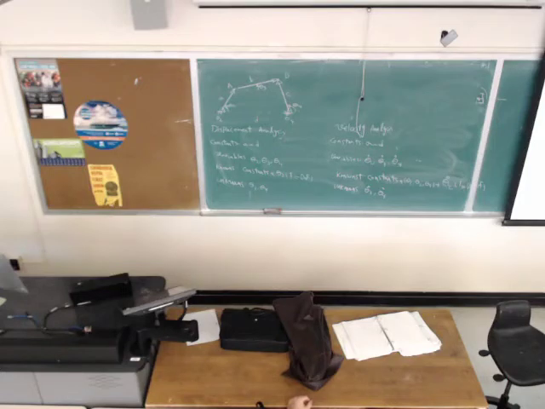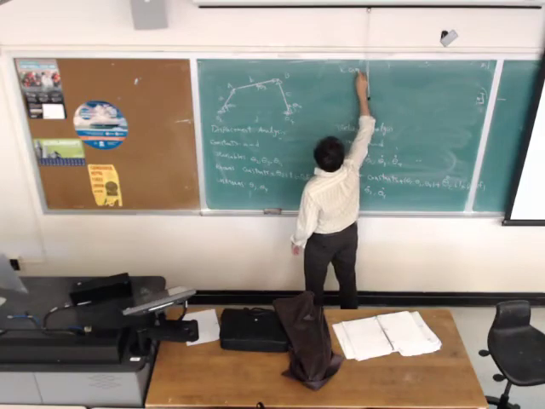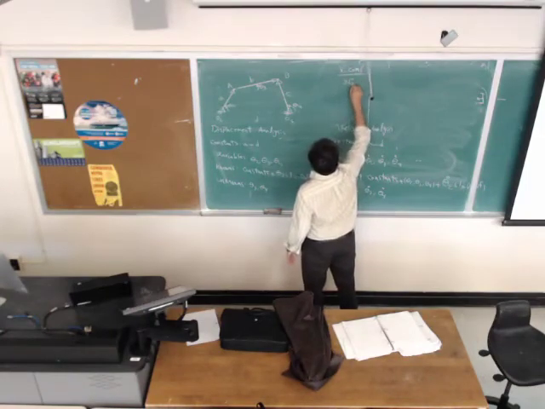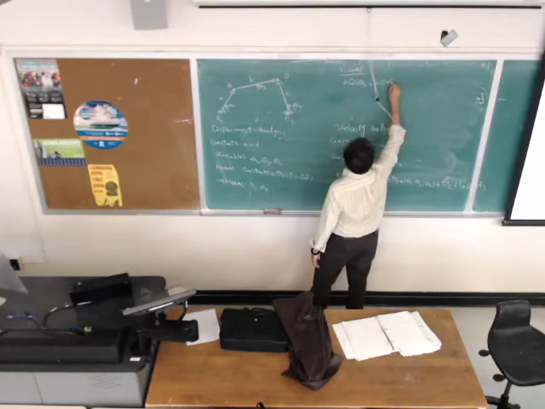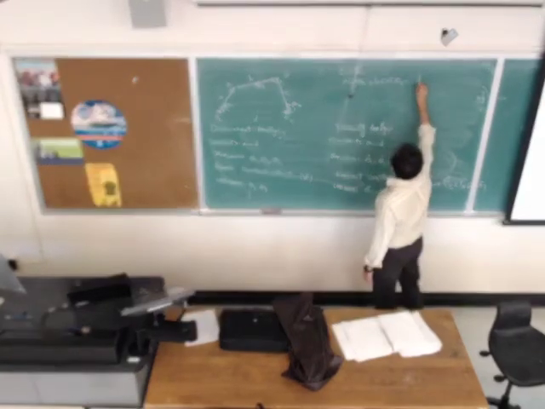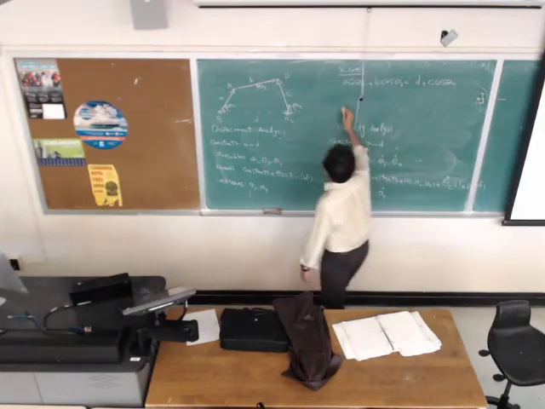So if I want to write the vector loop equation, it's going to be O to A, AB, point B has 2 arrows ending at it, equals O to O4 plus O4B. X component is A cosine of theta 2 plus B cosine of theta 3 equals D plus C cosine of theta 4.